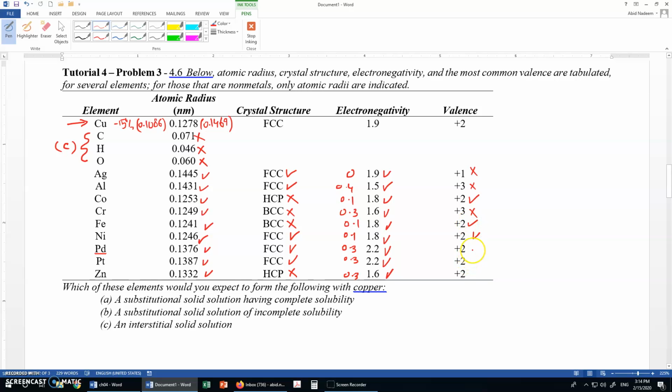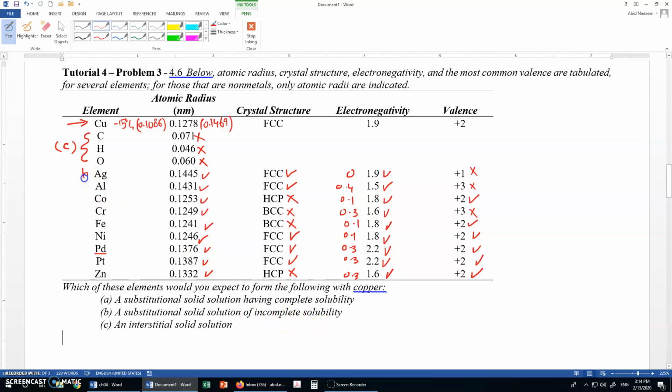Same valency as copper, same valency as copper, same valency as copper. Now look at silver. For silver, 3 conditions are satisfied but 1 is not satisfied. So we will put silver in category B, a substitutional solid solution of incomplete solubility.